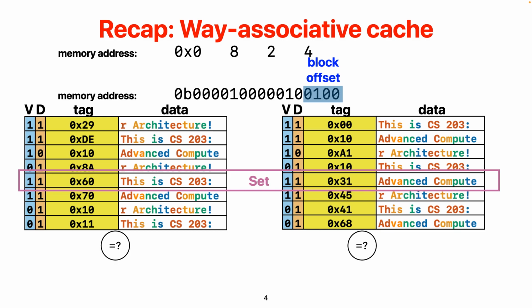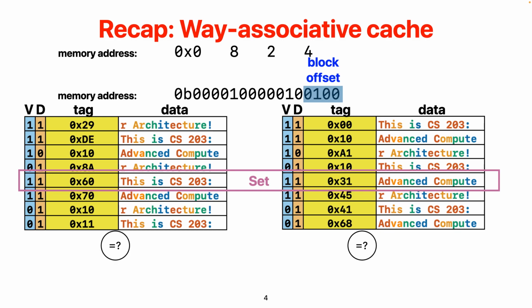Depending on how many bytes there are in your block, you will need the corresponding number of bits to address them. So that's the idea of set associativity, hash, and the block offset.